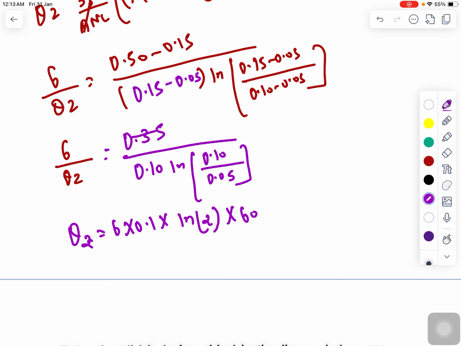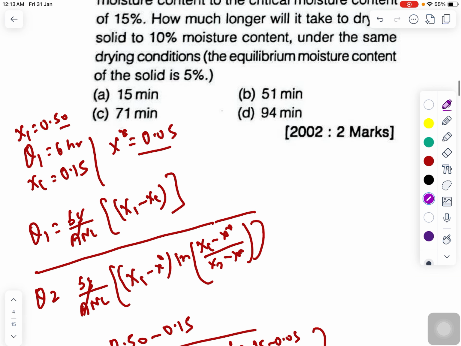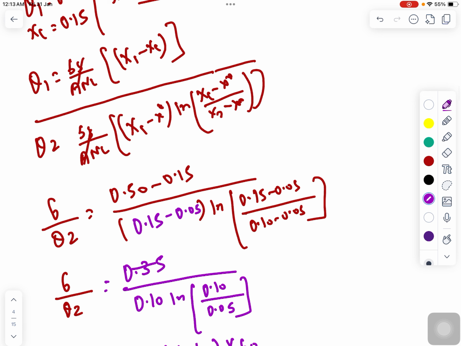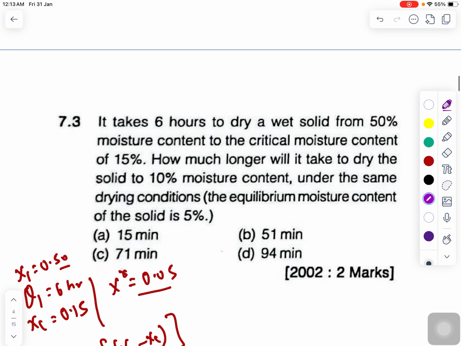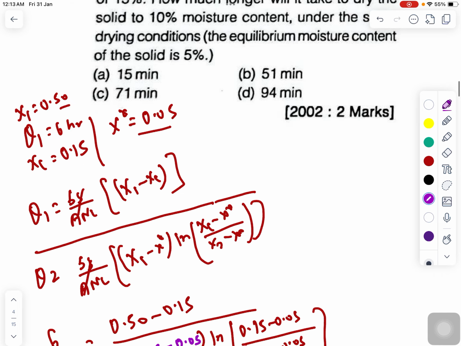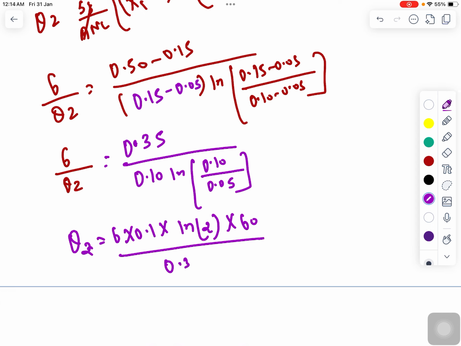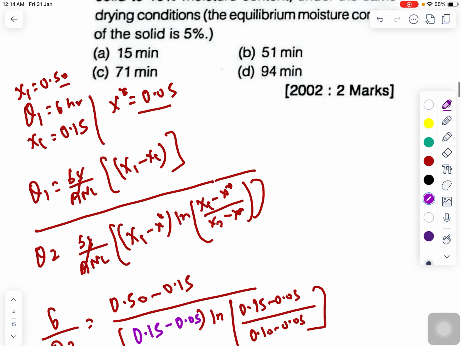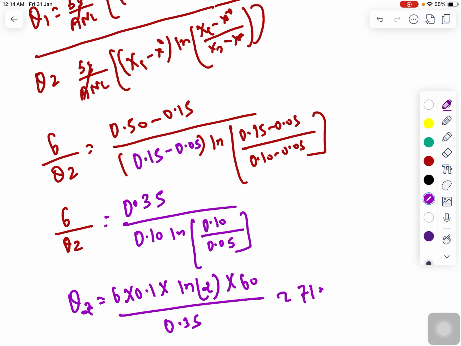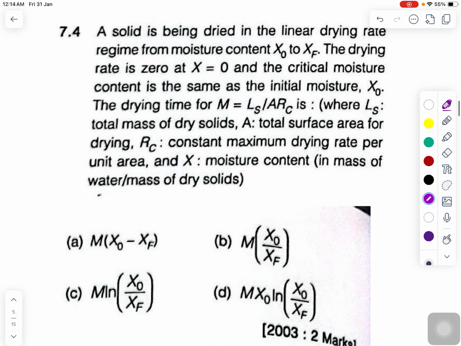Okay, I'm really sorry. Here you have to write 0.35 as well, so it will get divided by 0.35. So approximately you will be getting 71 minutes. So again, I'll suggest you do the calculation correctly. Definitely you are going to get the answer.